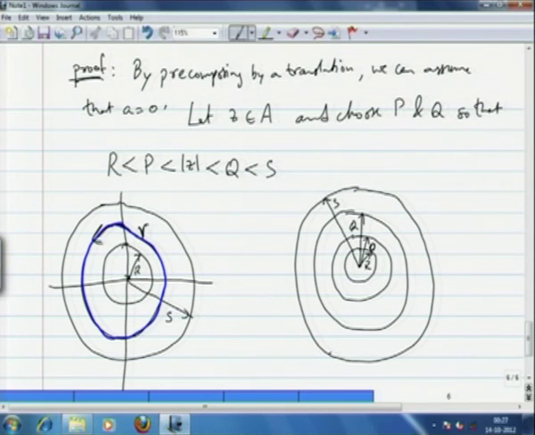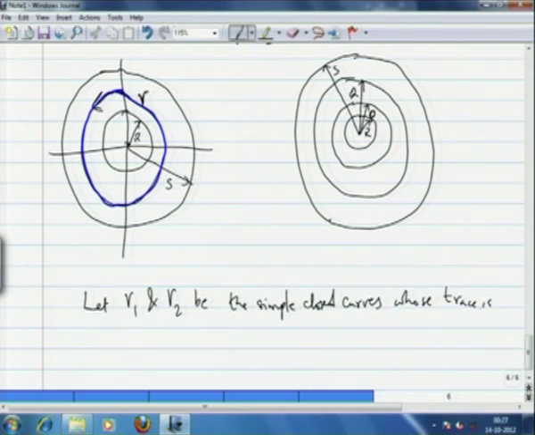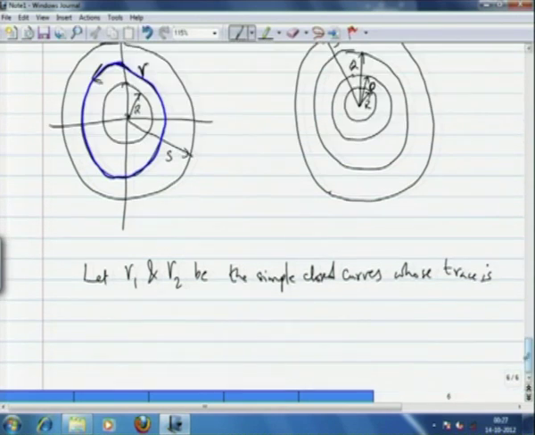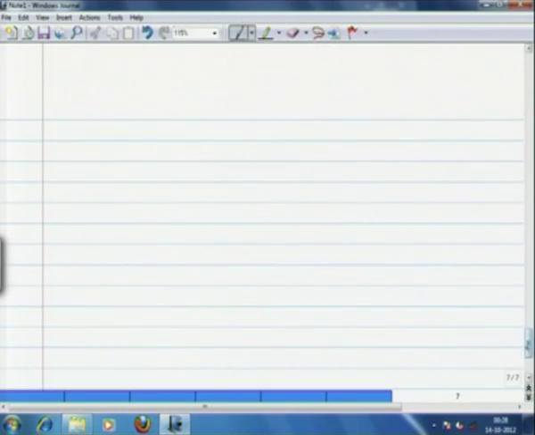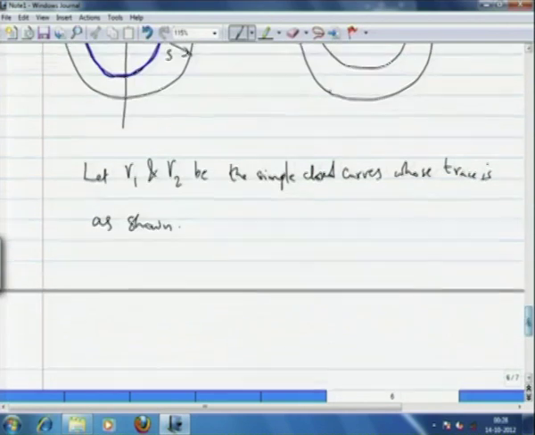Okay. And let gamma 1 and gamma 2 be the simple closed curves whose trace and orientation is as shown.